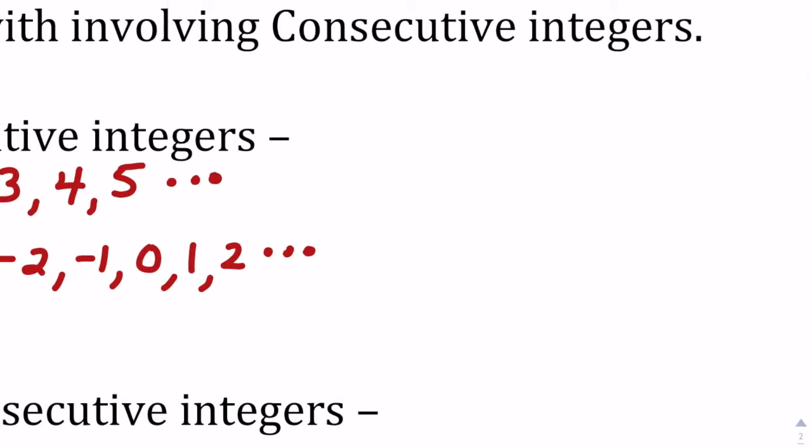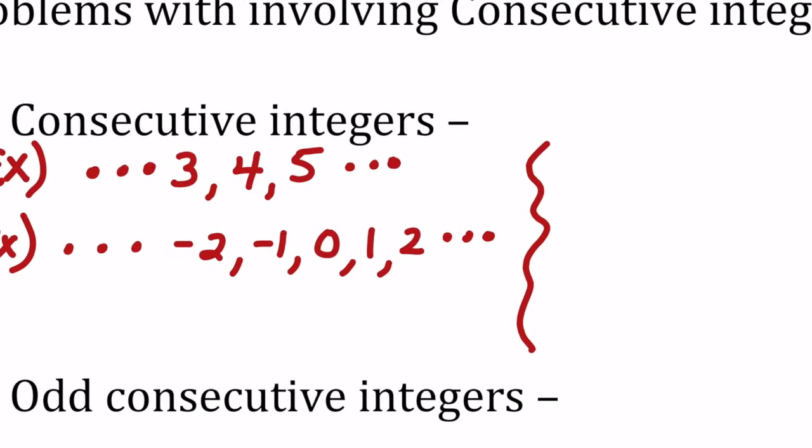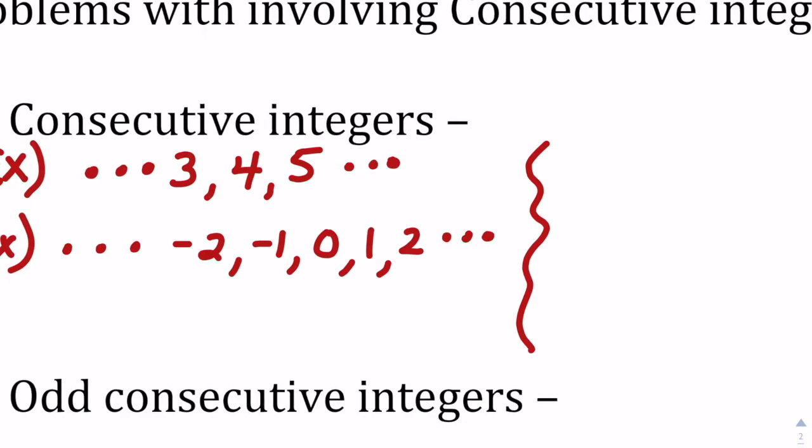So how do you write those things in letters? Well, I want you to take a look at the gaps between 3 and 4. If I take 3 plus 1, I get 4. If I take 4 plus 1, I get 5.